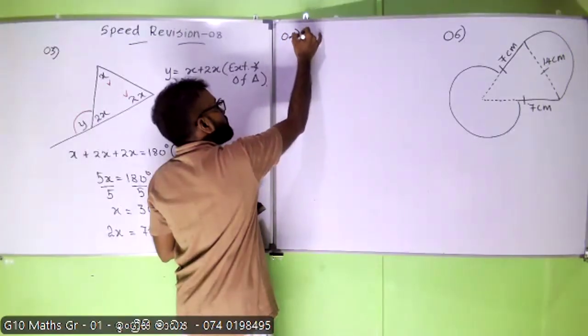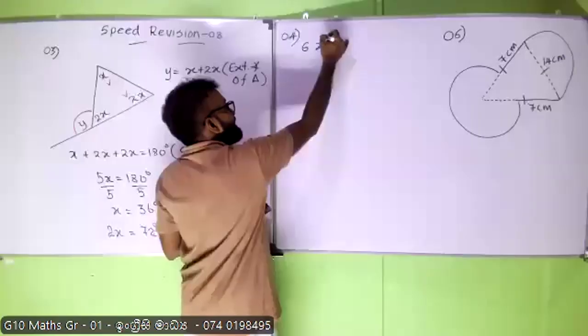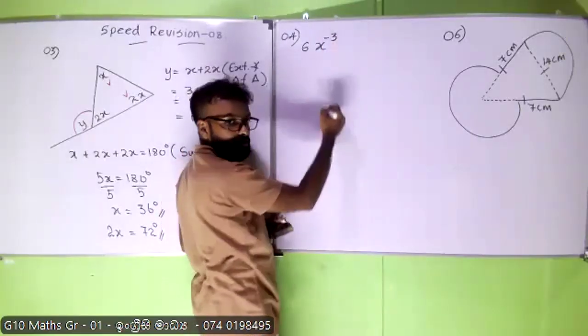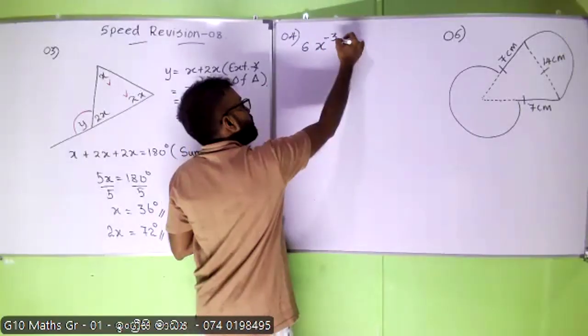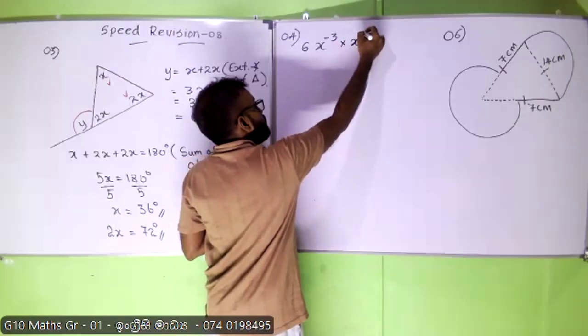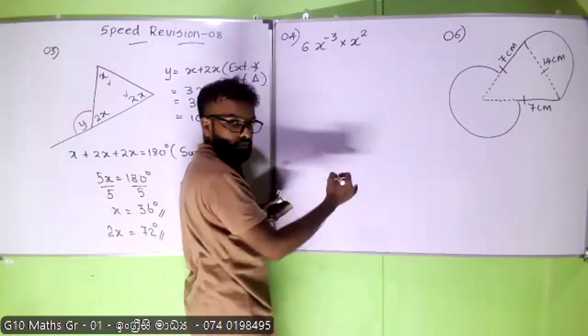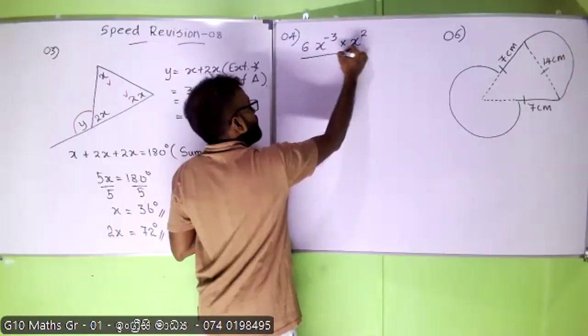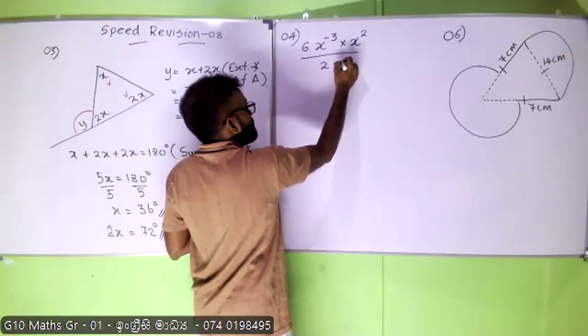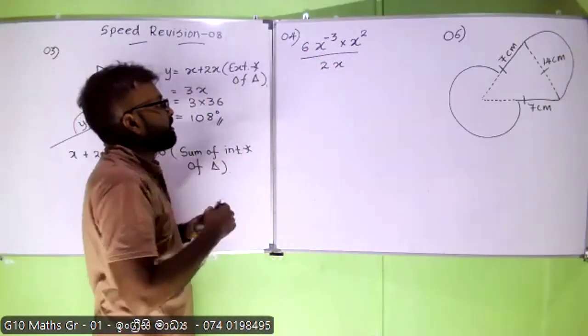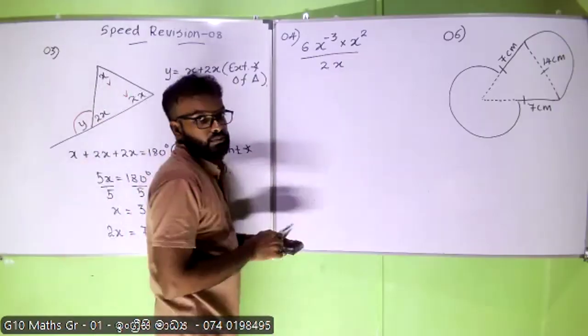This is the fourth question. 6x to the power minus 3 into x to the power 2, divided by 2x. Right, now I'm going to simplify it here.